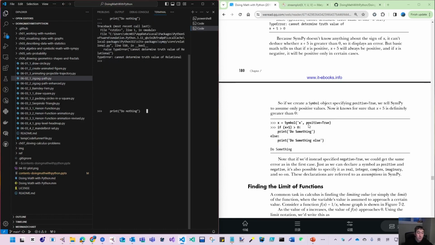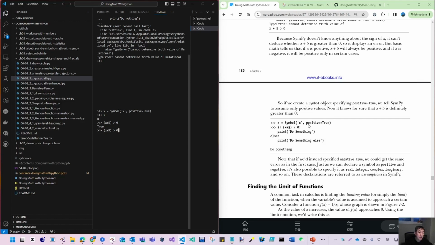So when we define x, we put positive is true. Now we define our x as positive. Then we do not need to retype that. Let's just see x plus 5 is more than 0. Then I got true.